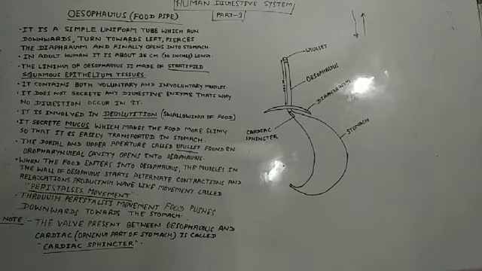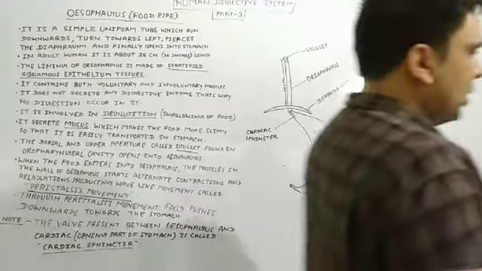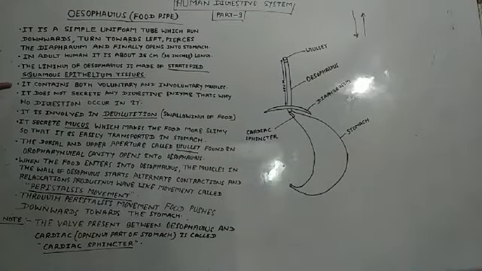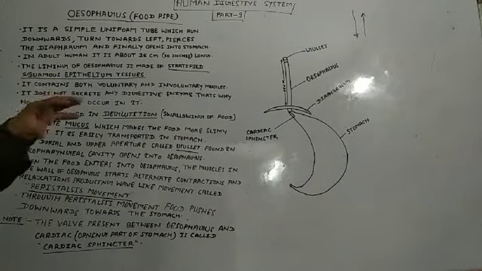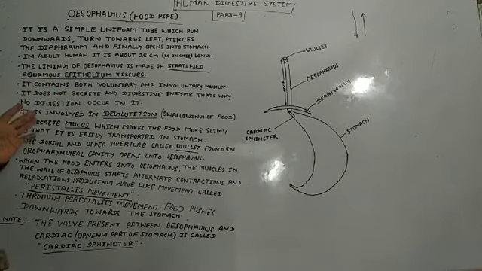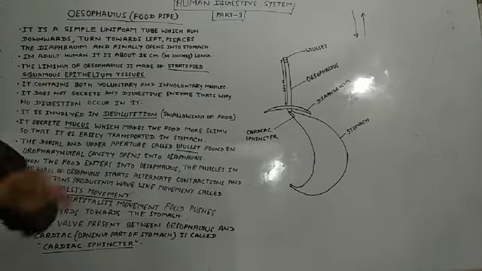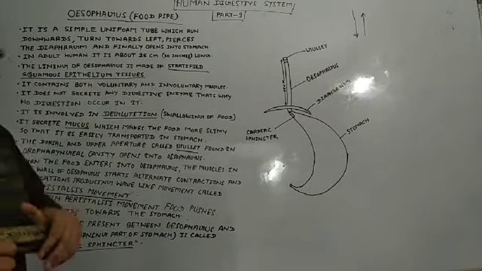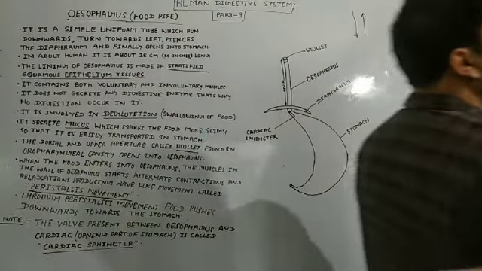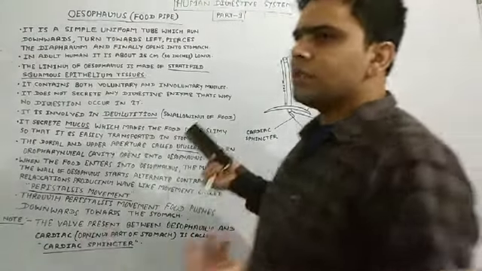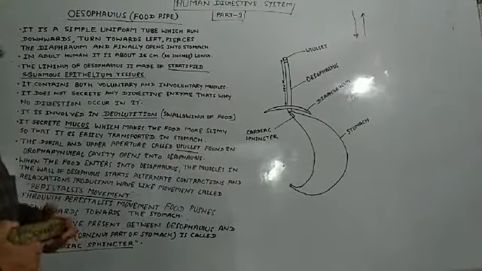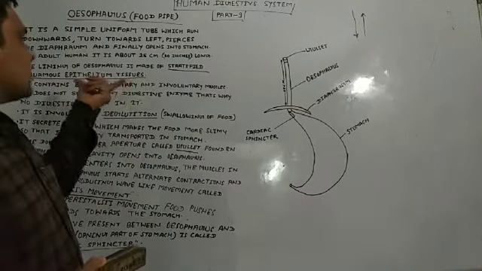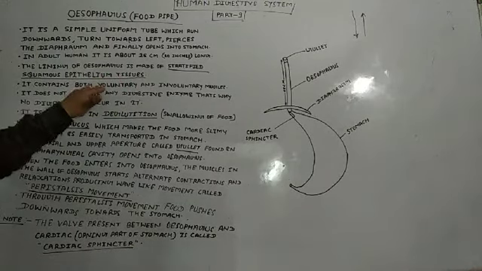It contains both voluntary and involuntary muscles. So students, it is worth mentioning that the complete esophagus has both voluntary and involuntary muscles, and you know very well what voluntary and involuntary are. We have already studied voluntary and involuntary actions. Voluntary actions are actions which are under our will, and the muscles associated with them are known as voluntary muscles.